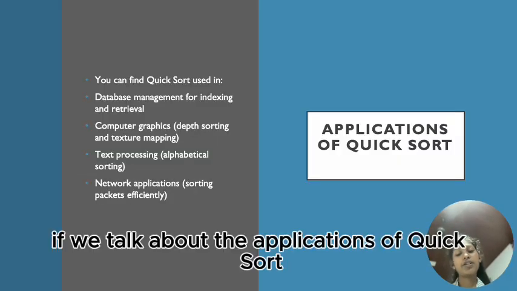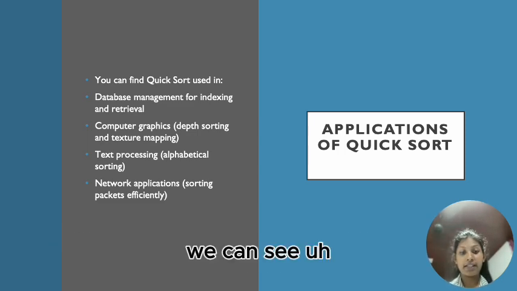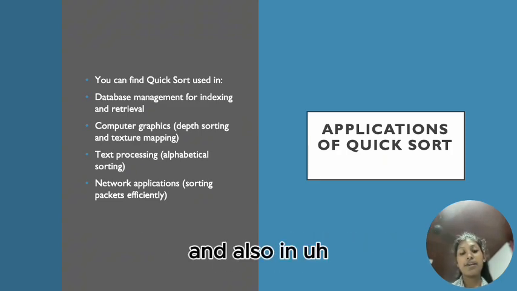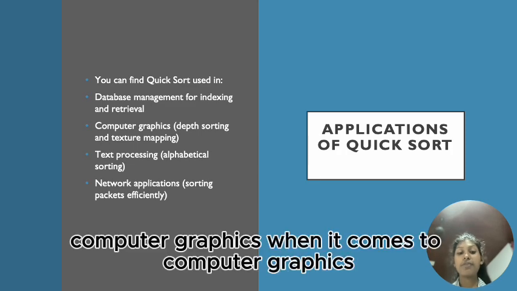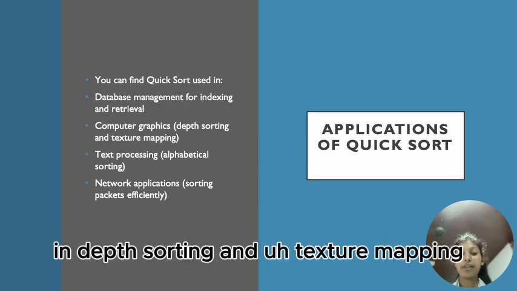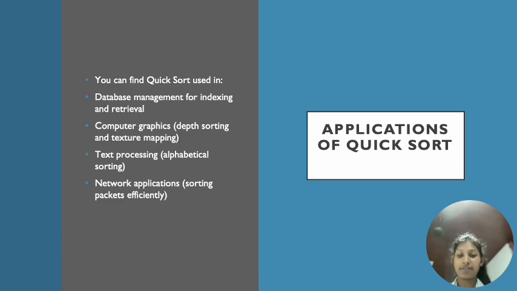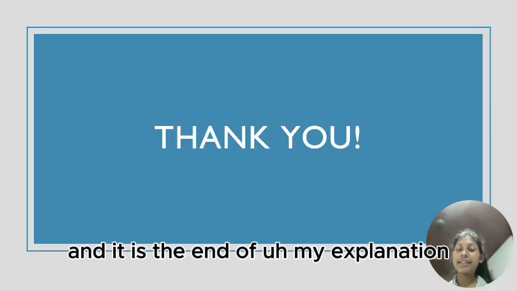Next, if we talk about the applications of quicksort, we can see quicksort in database management for indexing, and also in computer graphics. When it comes to computer graphics, in depth sorting and texture mapping. Next, in text processing and network applications. And it is the end of my explanation.